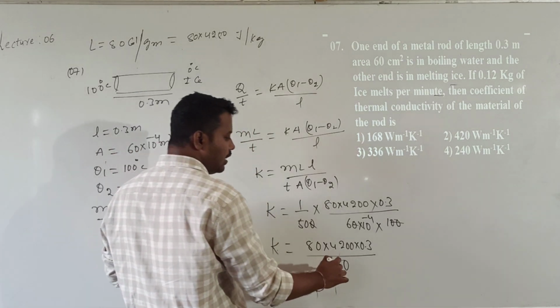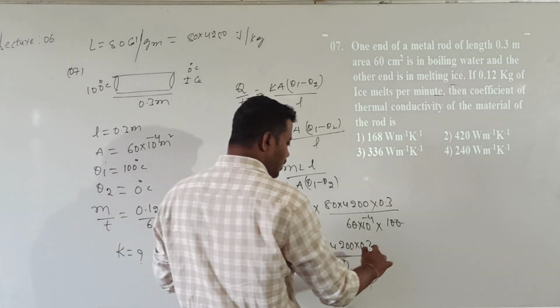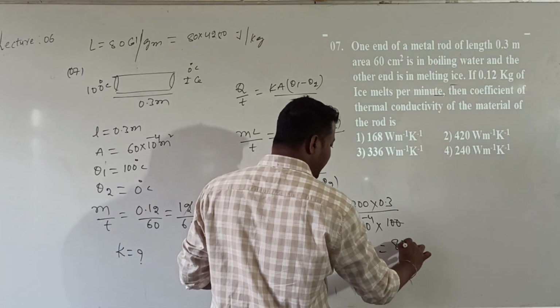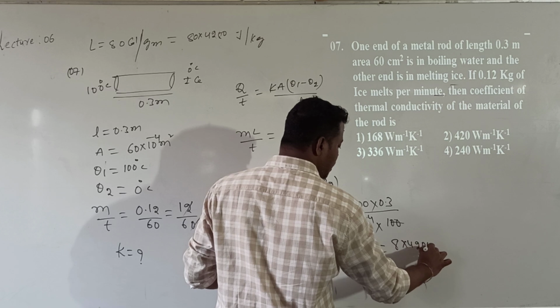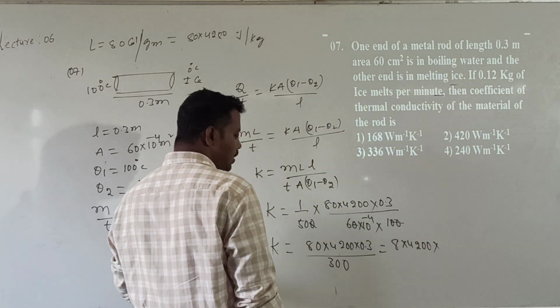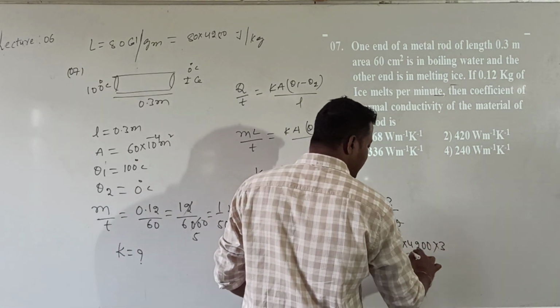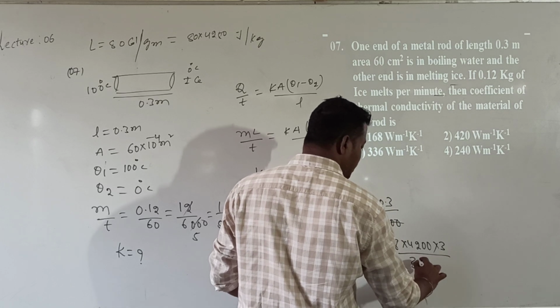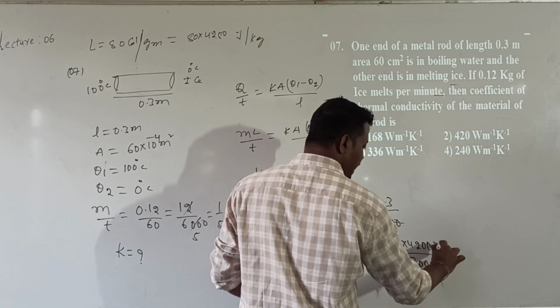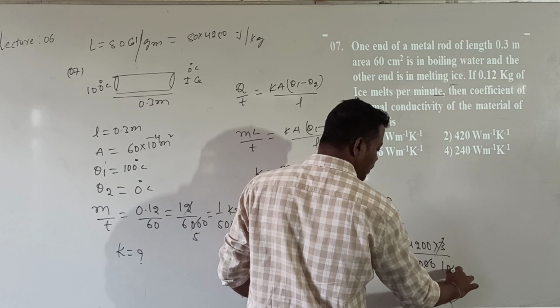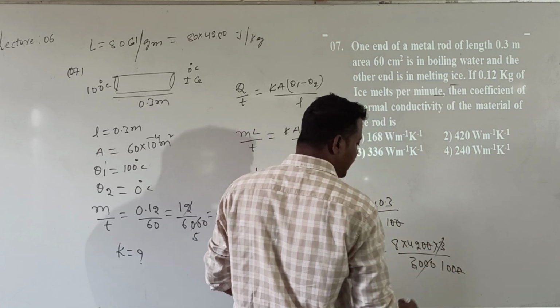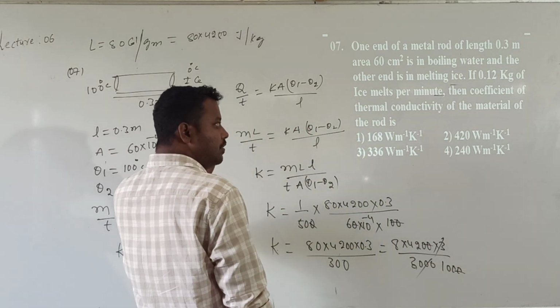So 3 ones are here, 0.3 is there. 0.3 means what do I get? 8 into 4200 into, so can I write it as 3 divided by how much? 3000. So 3 ones are 3000. 2 zeros cancel. So then what is left?